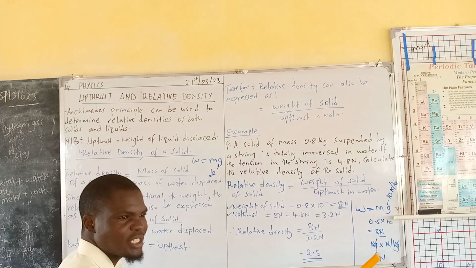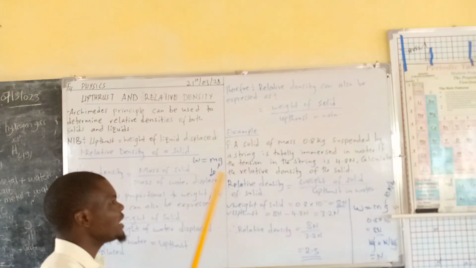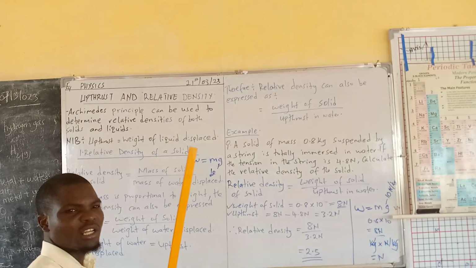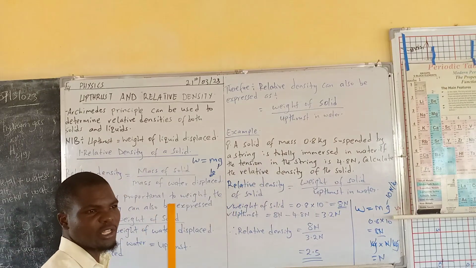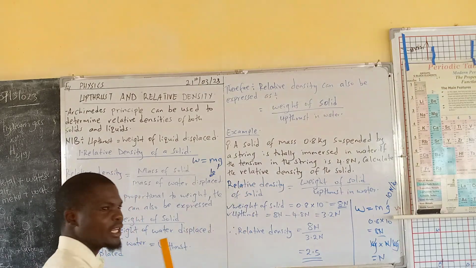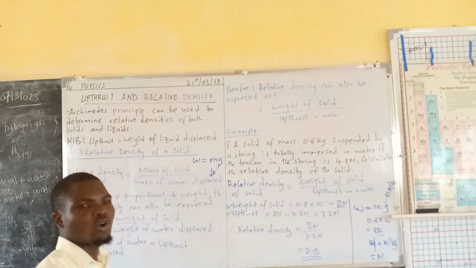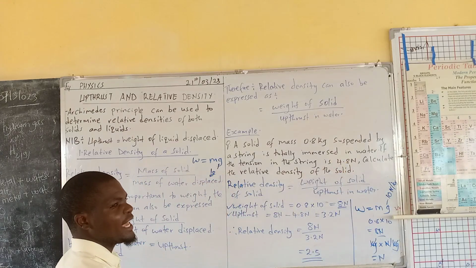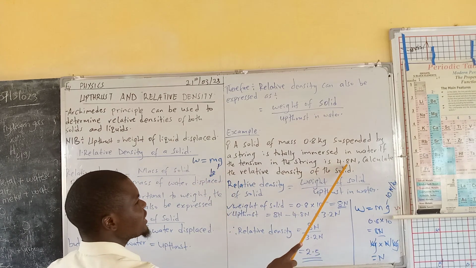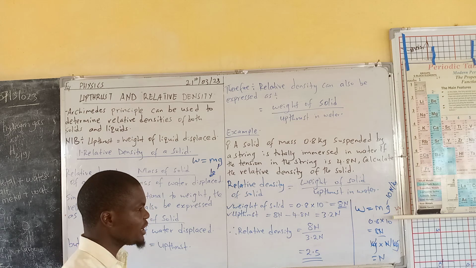That is the weight of the solid when it is immersed in the liquid. So when this solid is immersed in water, the reading on the spring balance is 4.8 Newton.